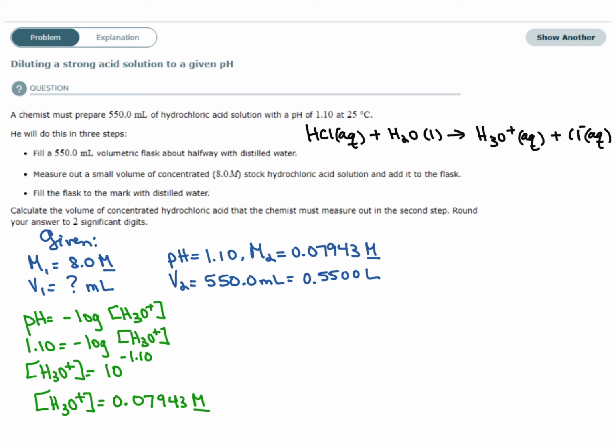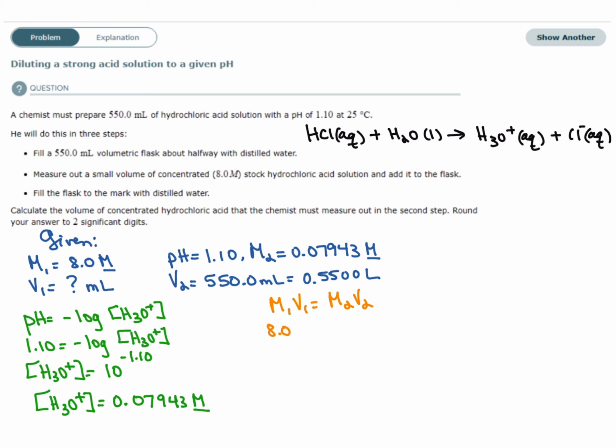So I need to make a new solution that has a certain concentration and a certain volume from my initial solution. So that is just the dilution formula: M1 times V1 equals M2 times V2.